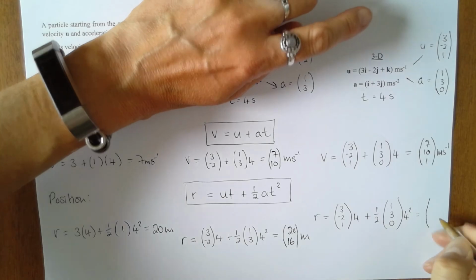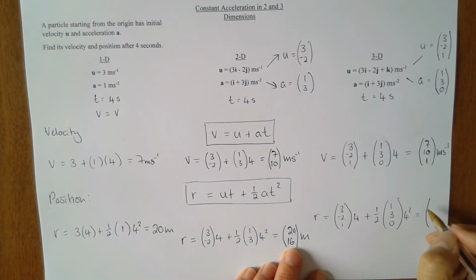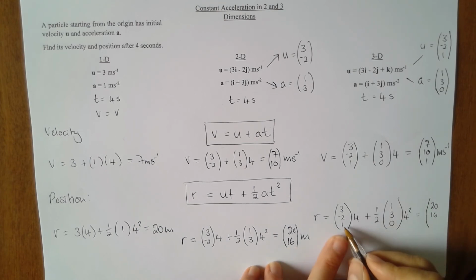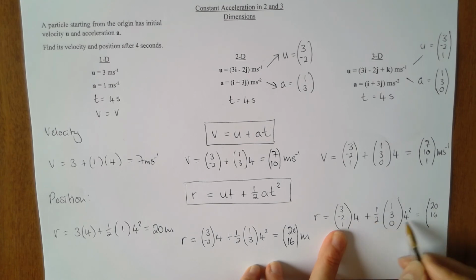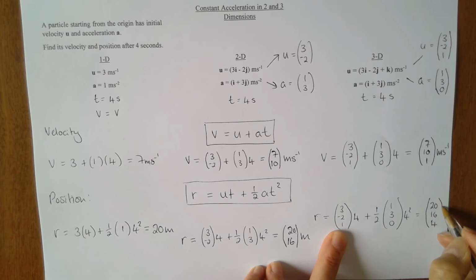And again, the position in the i and j direction, as I've used the same values, will be the same as before. And now I've got 1 multiplied by 4, which is 4, and then a half multiplied by 0 times 4 squared. So my answer is just 4 for that. And that's meters.